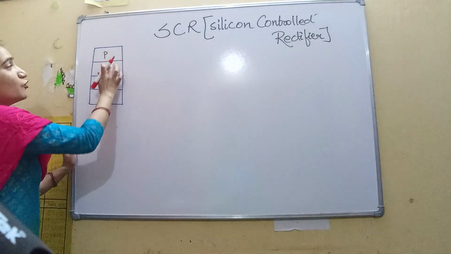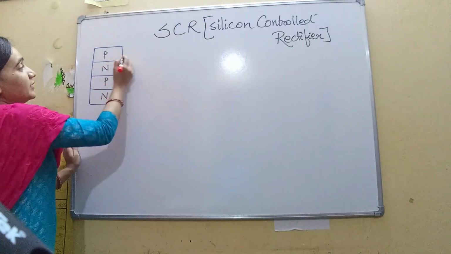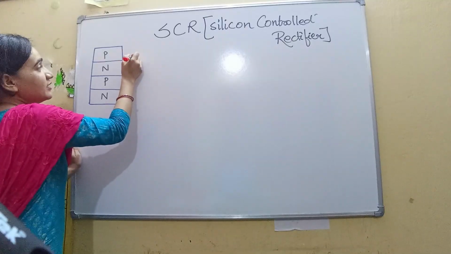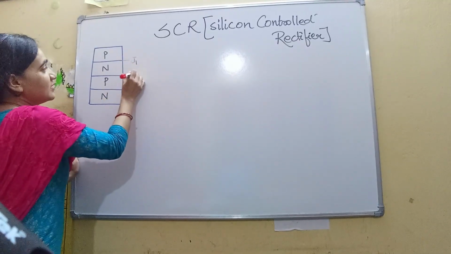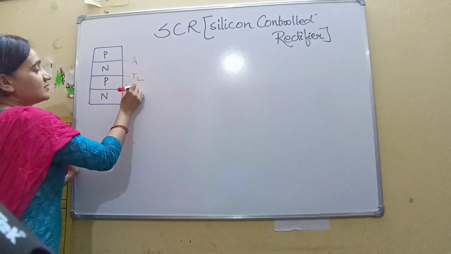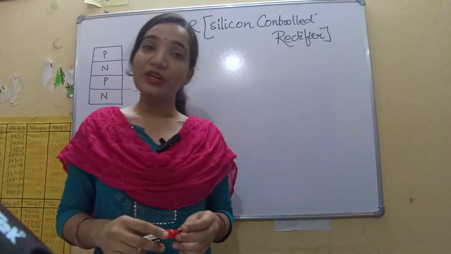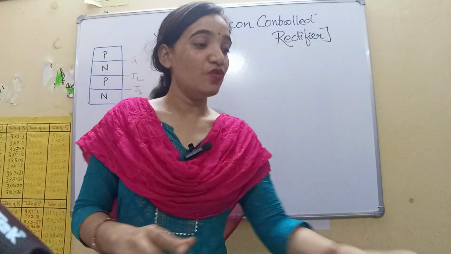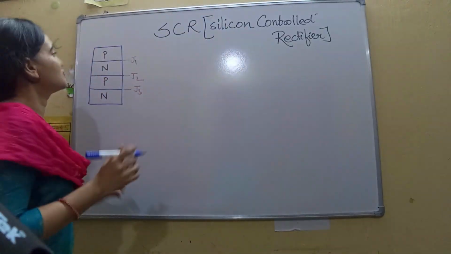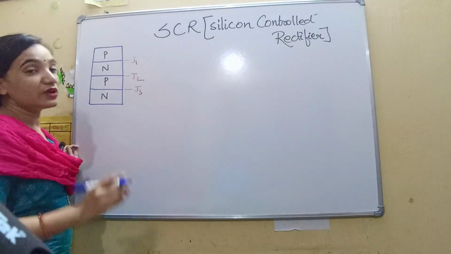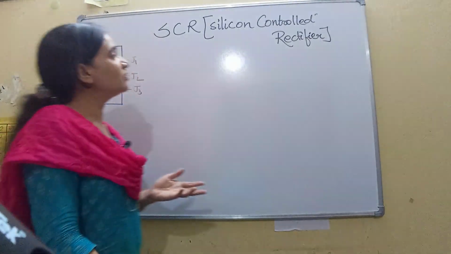So it is a four layer component. Here this is one junction, we can say it is J1, this is J2, and this is J3. So it has three junctions, four layers, and three terminal devices. In a diode we have two terminals, anode and cathode.